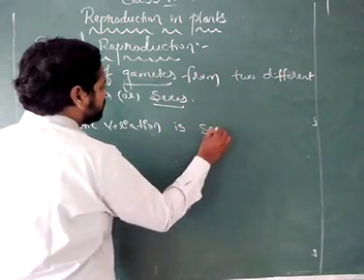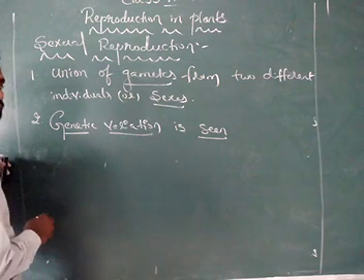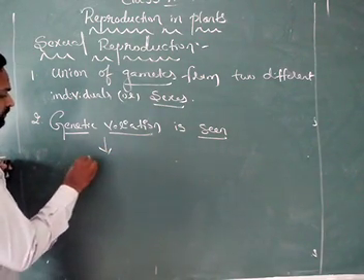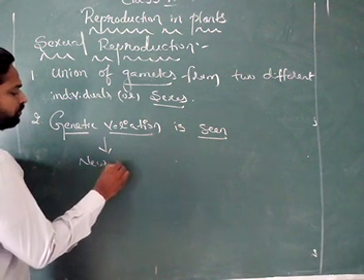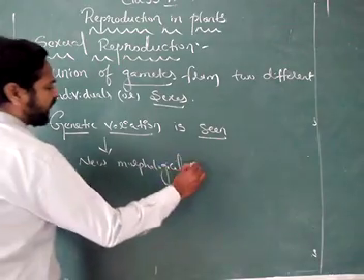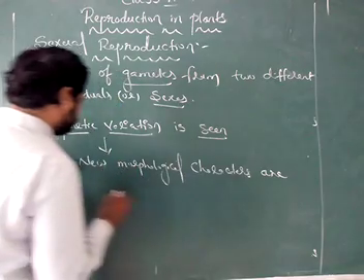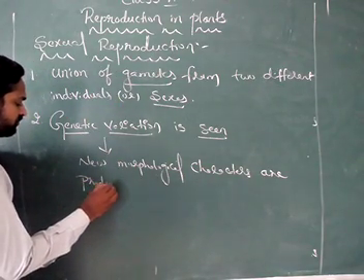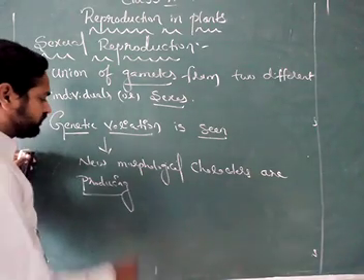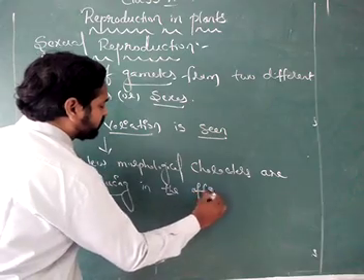Because of the genetic variation, new morphological characters are produced in the offspring or next generation.